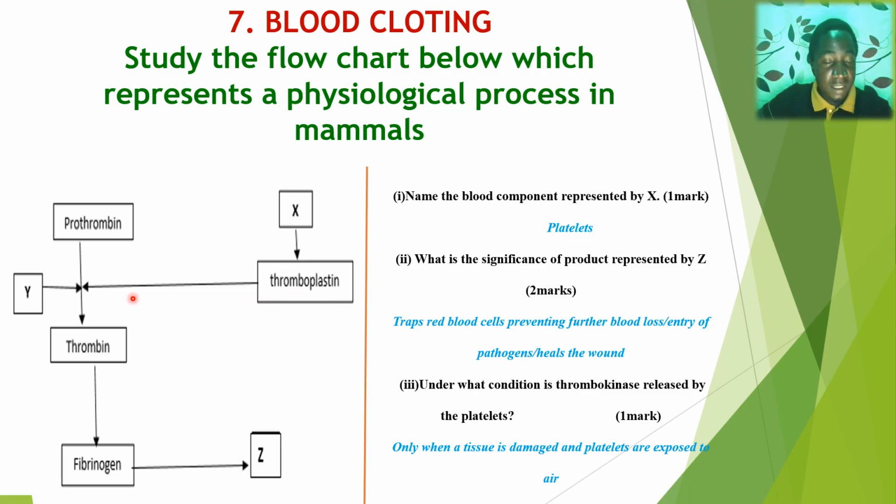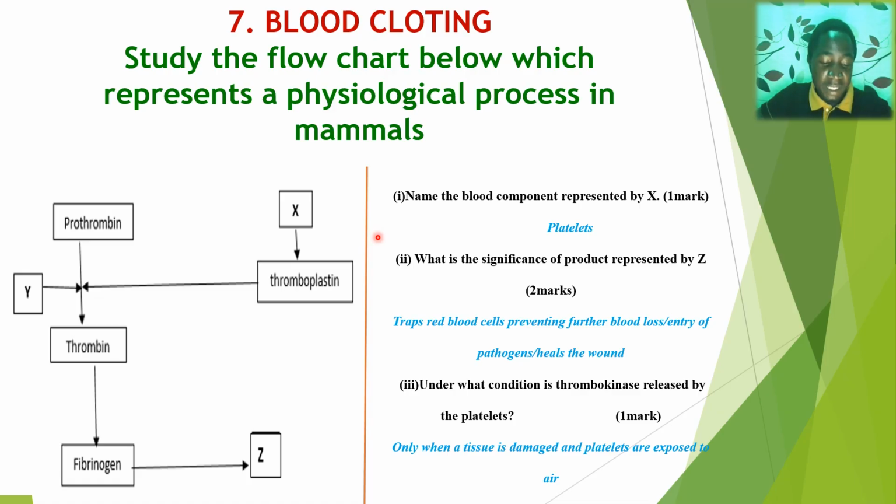Then thromboplastin together with this Y will change prothrombin to thrombin, then thrombin acts on fibrinogen, and then fibrinogen to Z. So part A of our question, name the blood component represented by X.